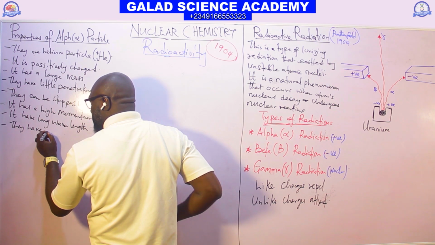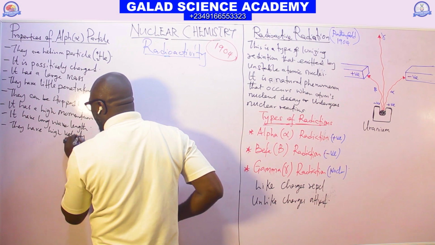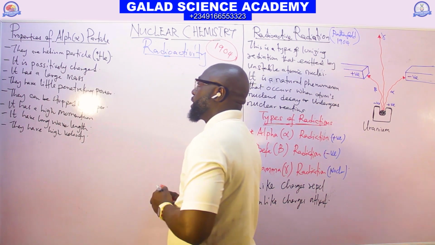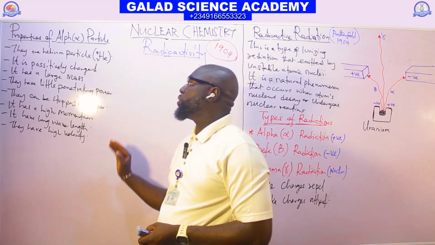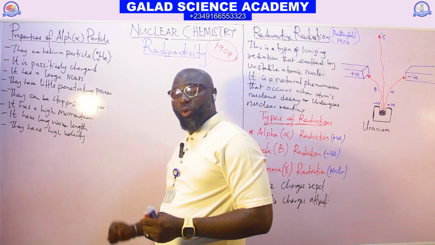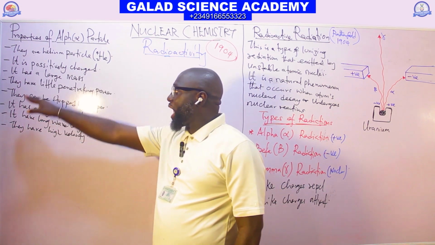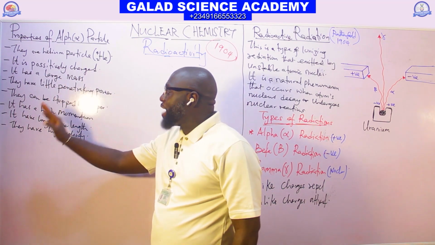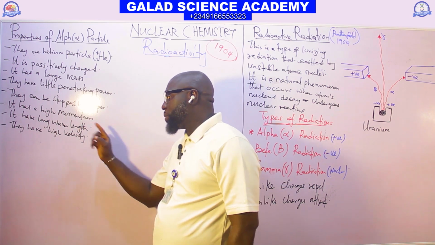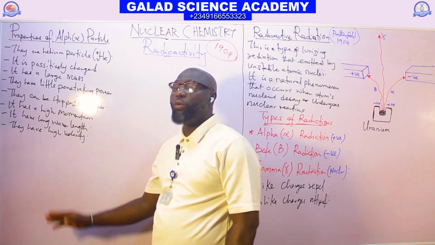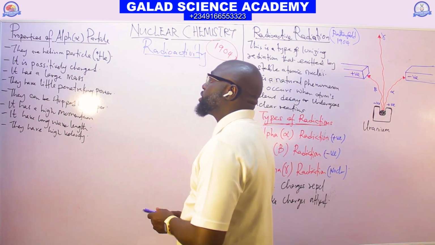So these are the necessary properties of the alpha particle. The nuclear symbol for the alpha particle is helium. Alpha particles are positively charged. They have little penetrating power and can be stopped by paper. They have high momentum. They have a long wavelength. Let us look at the properties of beta.